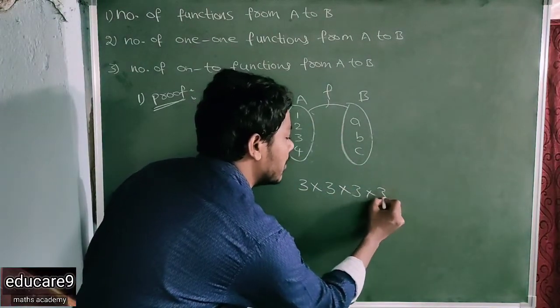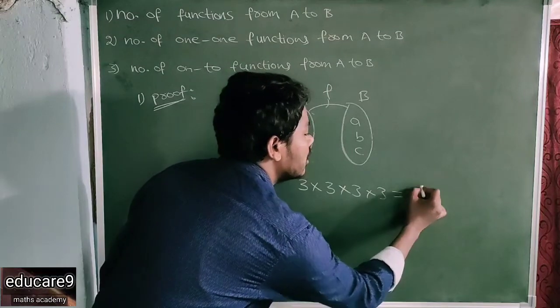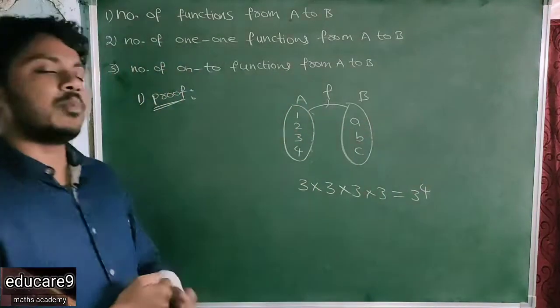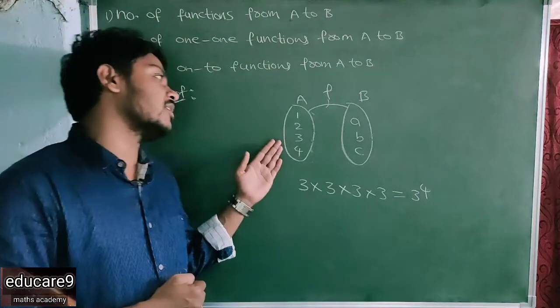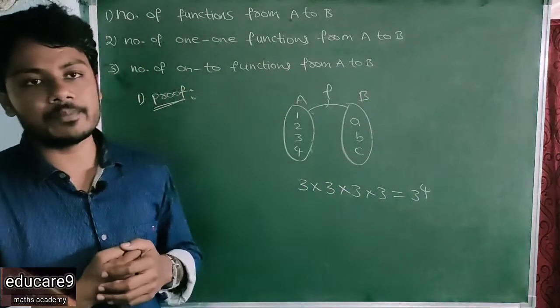So total number of functions is 3 to the power 4 functions possible from set A to set B.